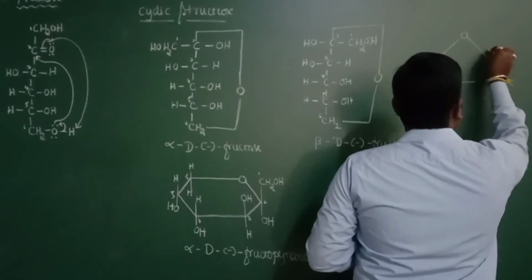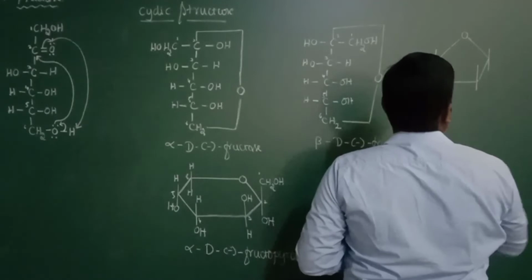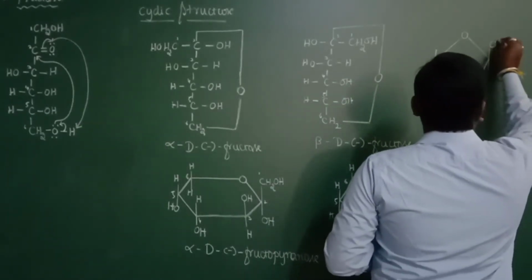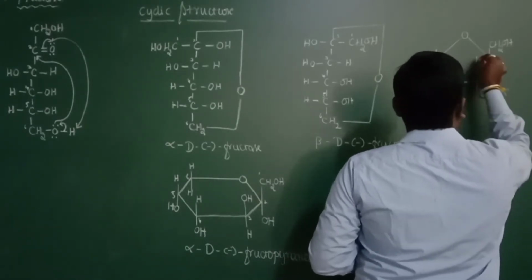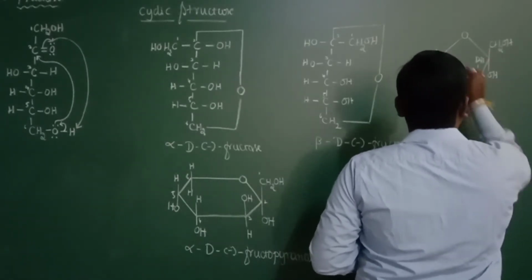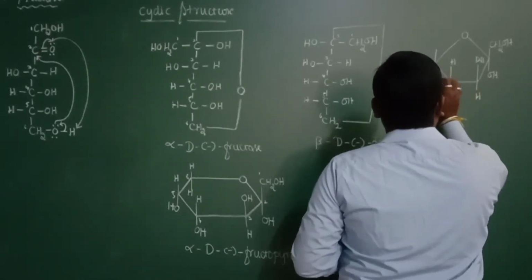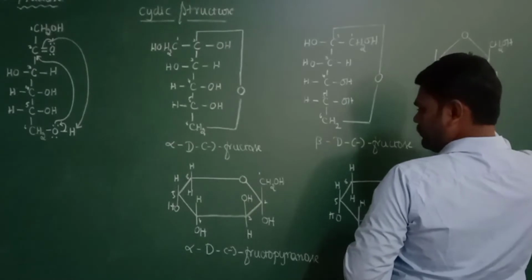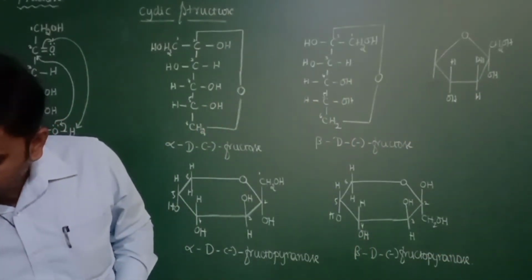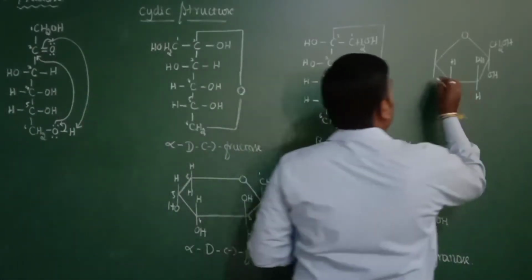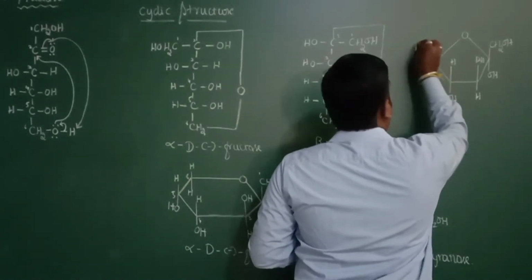And as I said, in case of sucrose, the fructose will exist in a 5-member ring structure, which will have a skeletal structure like this. So at the first position, we will be having CH2OH, and this is the OH, OH, H, H, OH, and here it will be H, CH2OH.